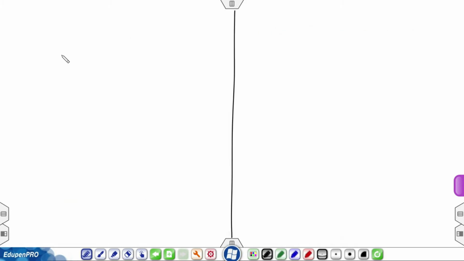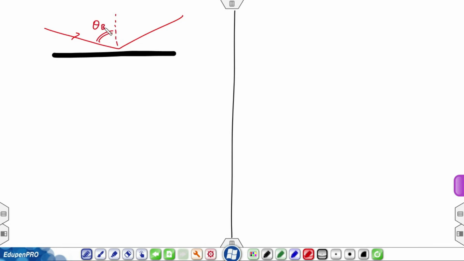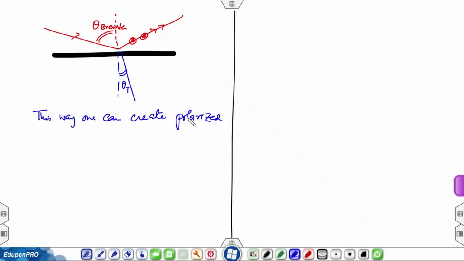What one is saying is, if I have this medium and a ray is falling at Brewster's angle, then the reflected ray has only s polarization, and theta I plus theta t is equal to 90 degrees. This way one can create polarized light.